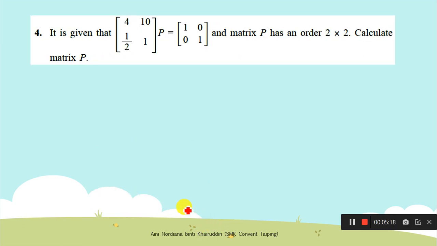Alright, so for number 4, it is given that matrix A times matrix P is equal to the identity matrix, and P has an order of 2 by 2.